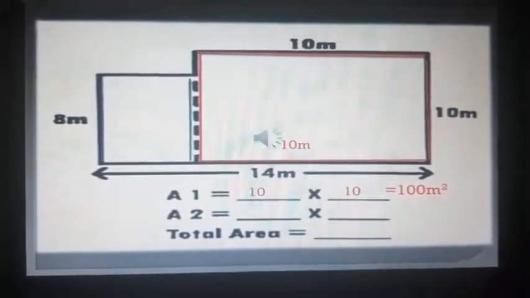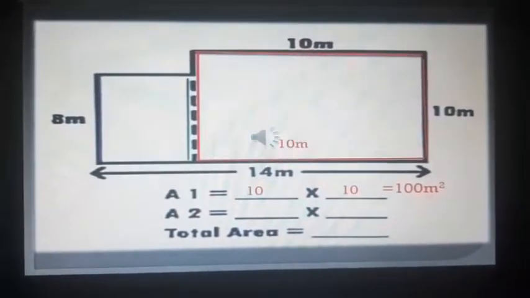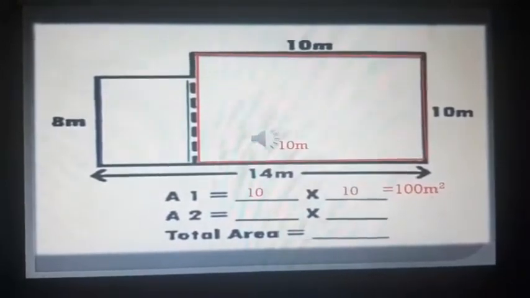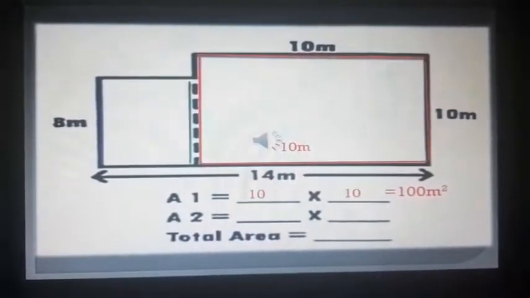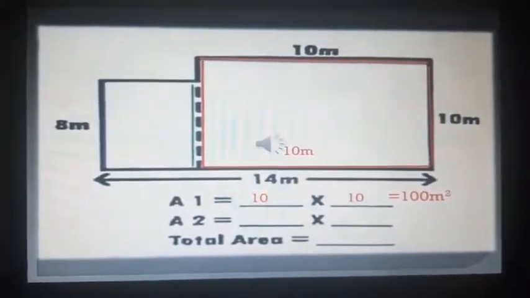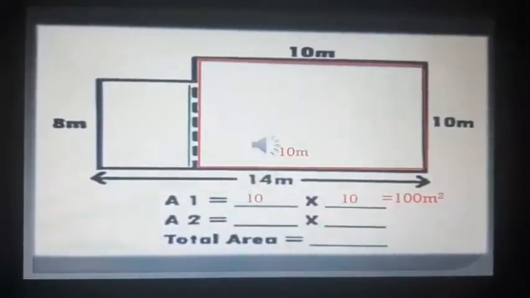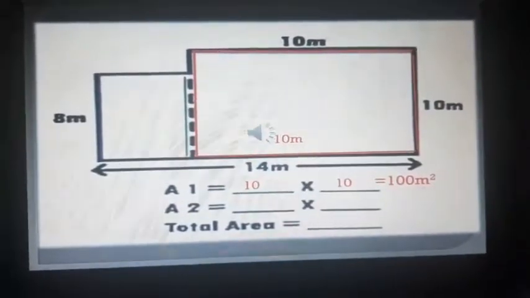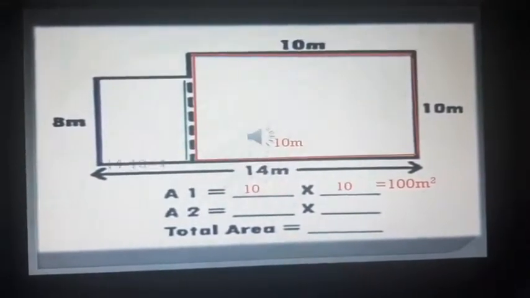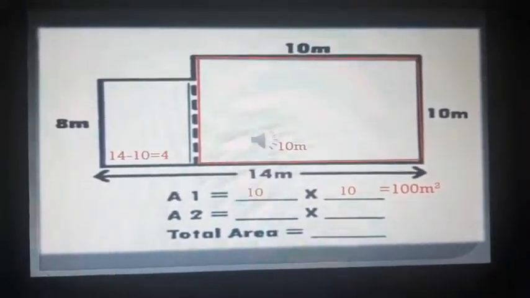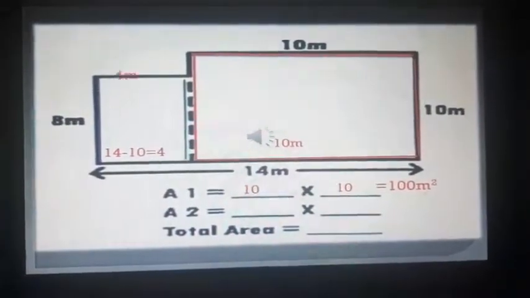The second: I have here 8 meters, so the opposite side equals 8. But what about this part? He gave you the whole length, equal to 14, and you take 10 meters from it, so the remainder is 4, and the opposite side equals 4.